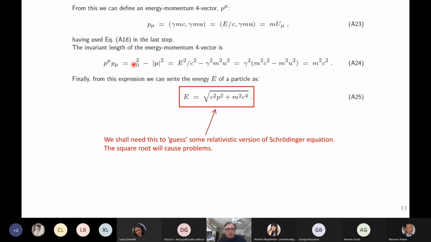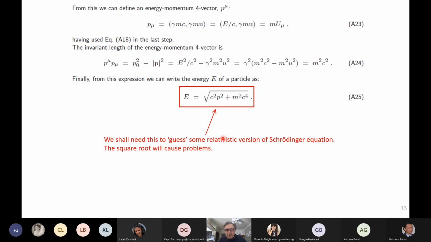The magnitude of this 4 vector, remember that we have this funny metric, plus, plus, plus, minus, is just m squared c squared. So the total energy of the particle in terms of its momentum is quite different from what we had in Newtonian mechanics.